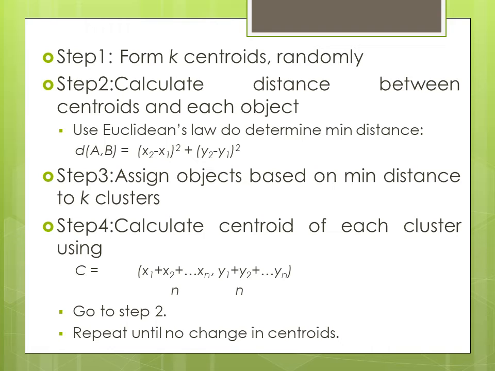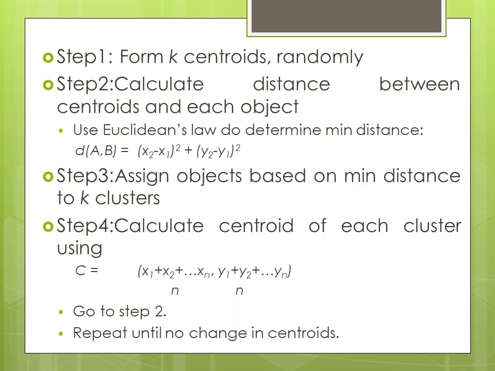For the very first time, we have to randomly choose a centroid, or a mean value. How many mean values we have to choose depends on the k clusters that you want to form.